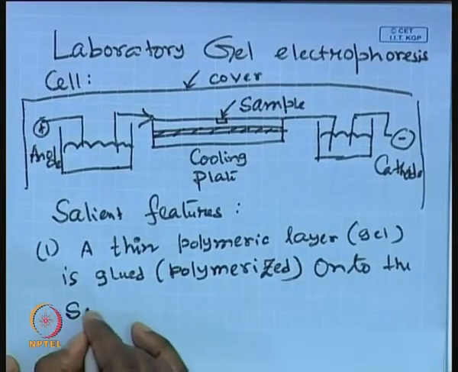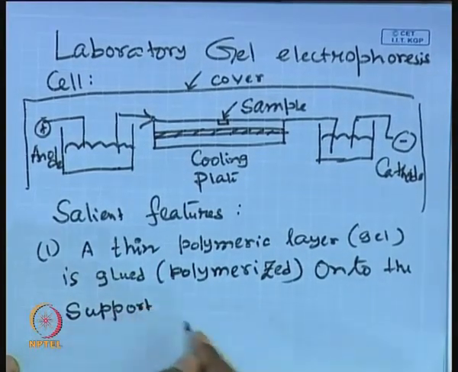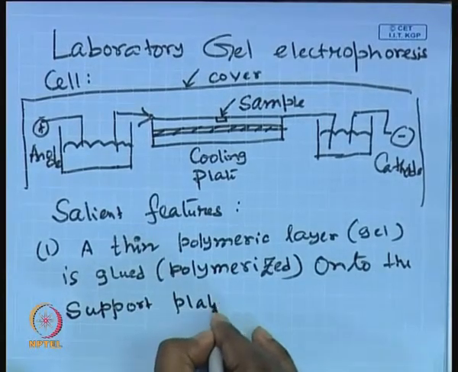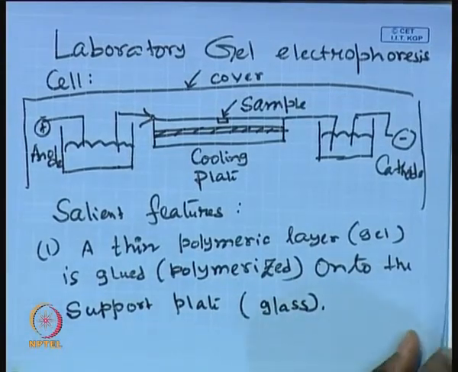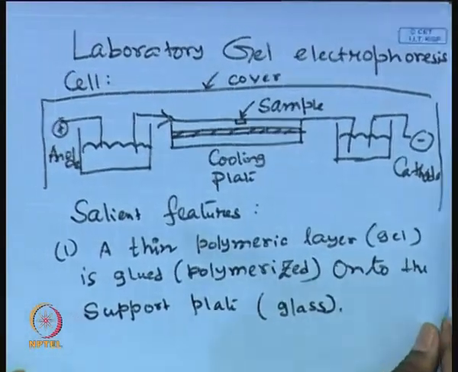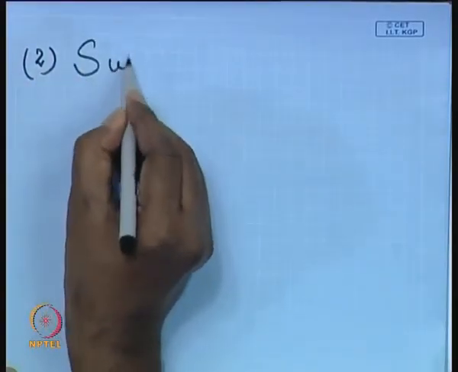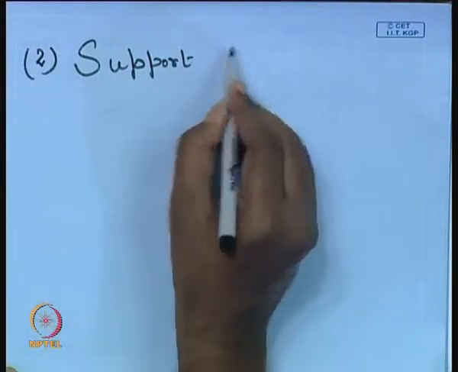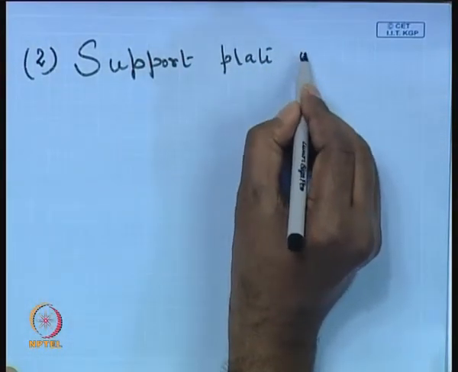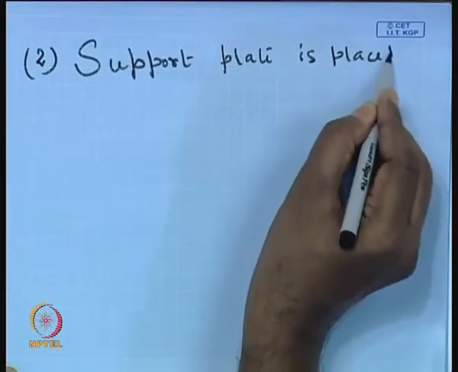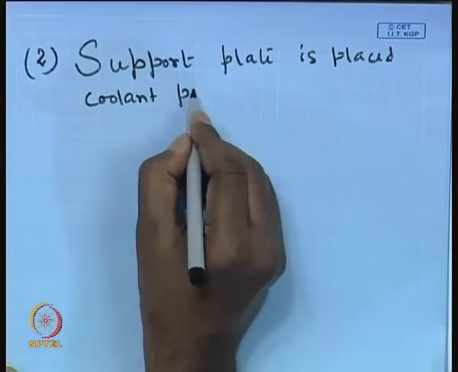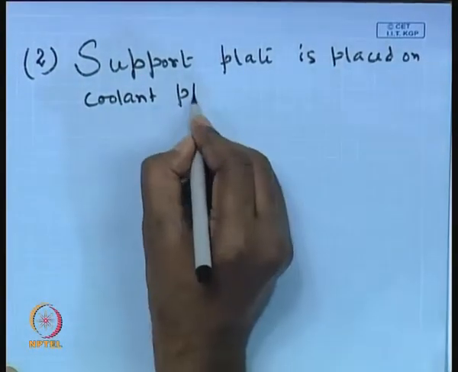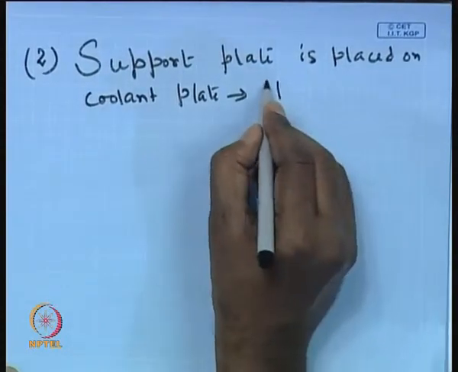The support plate is placed on a coolant plate, so that the joule heating is prevented.